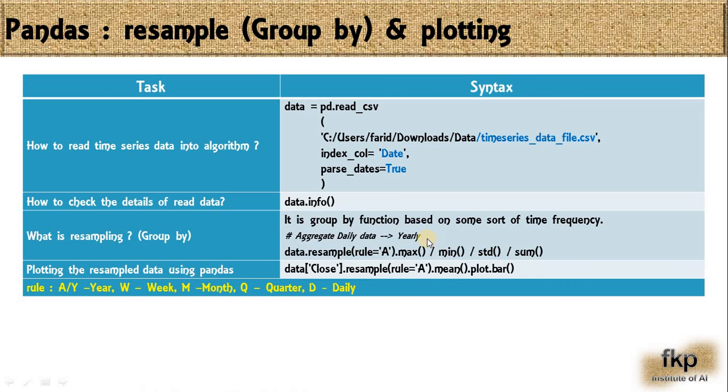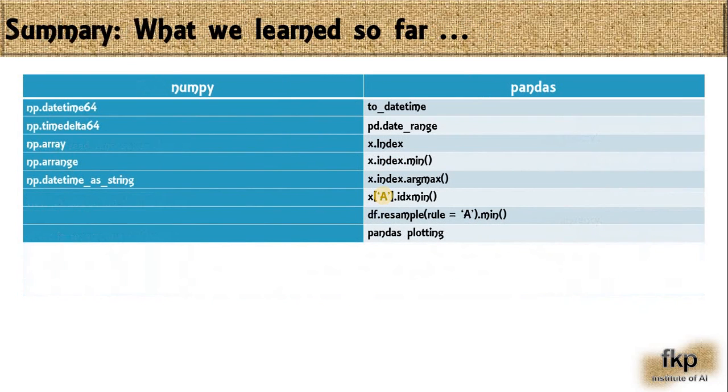Okay, so yeah, let's summarize what we have learned. In this session, we have gone through date time functions which are available in Numpy and Pandas. We have seen how to convert a string into a date type using Numpy, that is the datetime64 function, and how to add hours and minutes to the date. For this particular function we have used timedelta64, and how to make some date data.